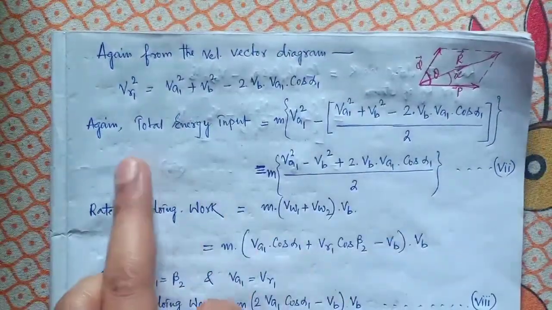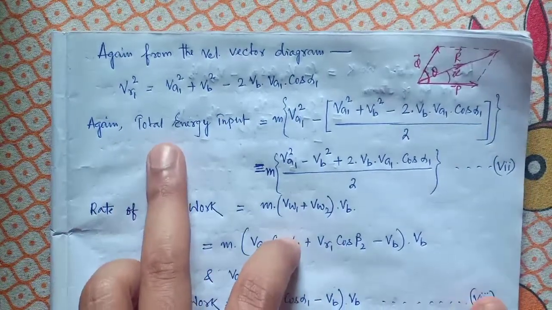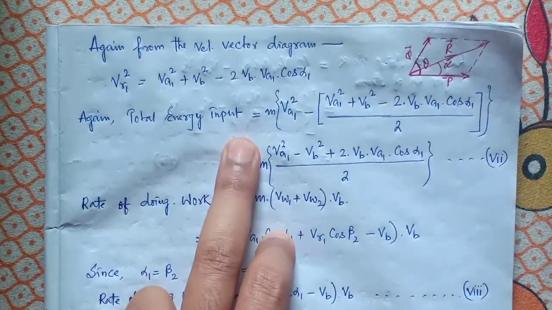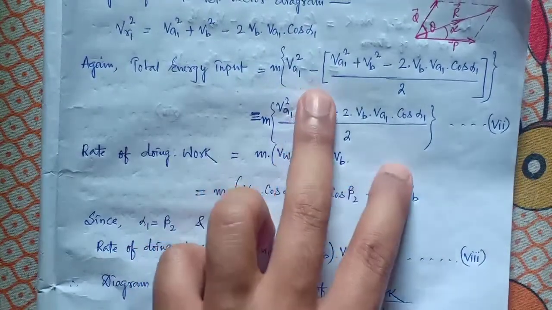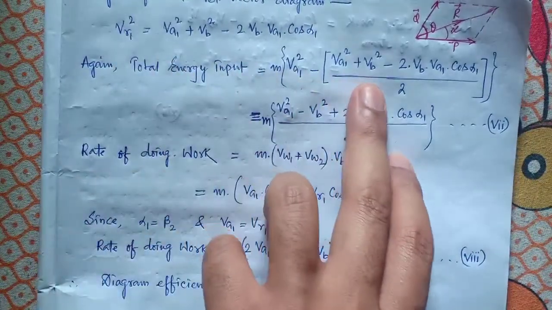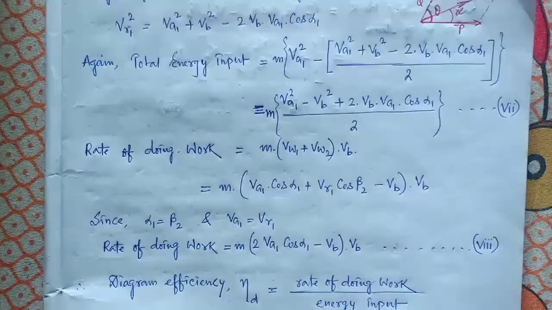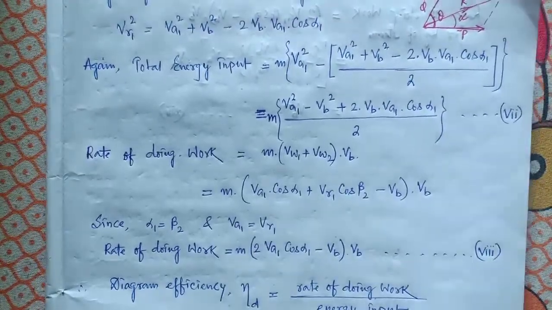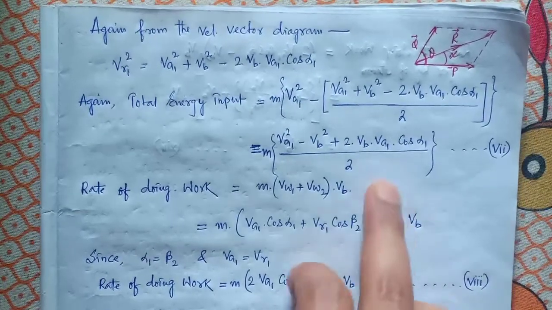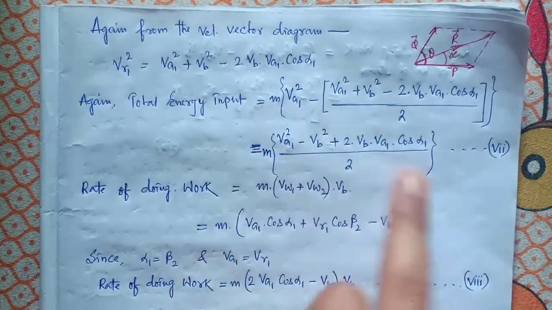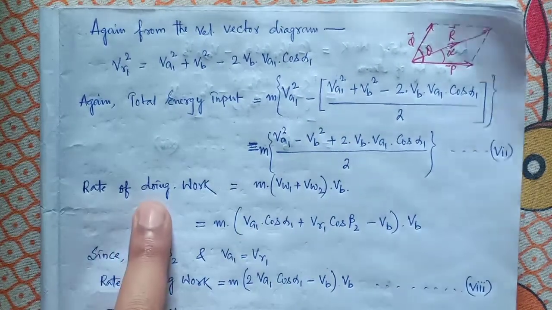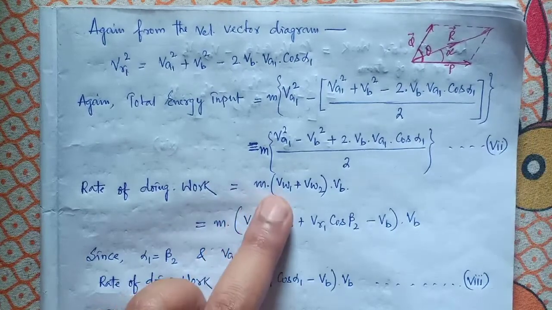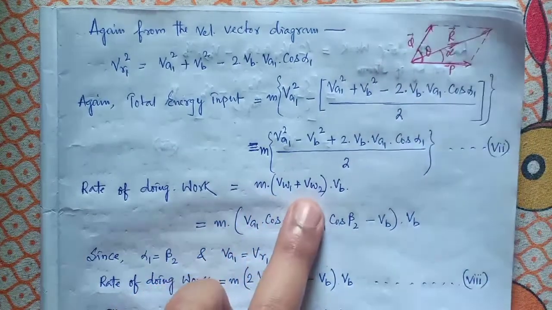Again, the total energy input can be written after putting the value of VR1 into this equation, and after taking the LCM, the equations can be sorted out in this way. Now the rate of doing work equals m into (VW1 plus VW2) into VB.